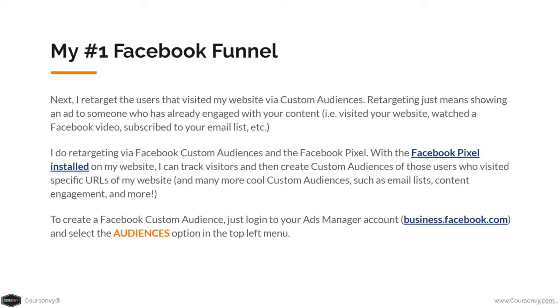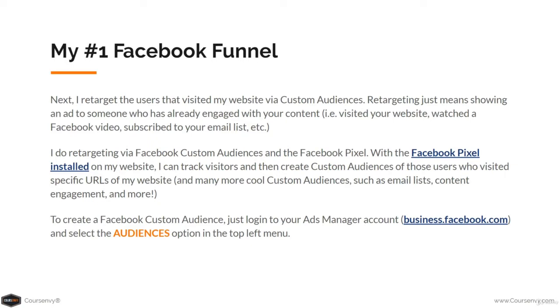Next, I will retarget the users that visited my website via custom audiences. Retargeting just means showing an ad to someone who has already engaged with your content, i.e., the people who visited my website, or watched a Facebook video, or subscribed to an email list. I do retargeting via Facebook custom audiences and the Facebook Pixel.